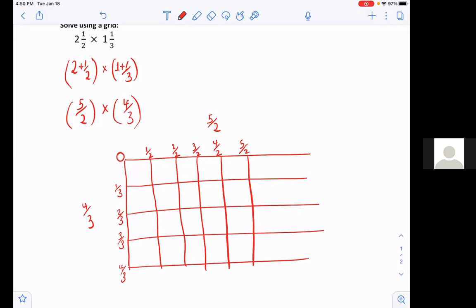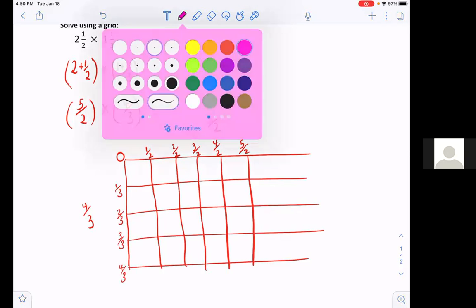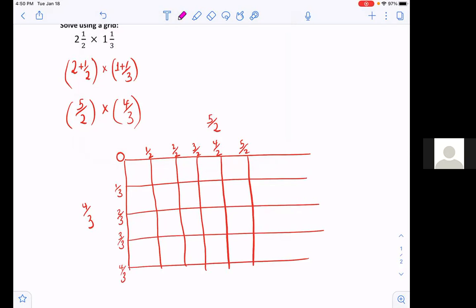Now, in my drawing, I must ensure that I will be able to see the dimension for 1 by 1. And if I look at what I have already, for the halves, 2/2 is equivalent to 1. By the way, 4/2 is equivalent to 2 whole. 3/3 here is equivalent to 1.